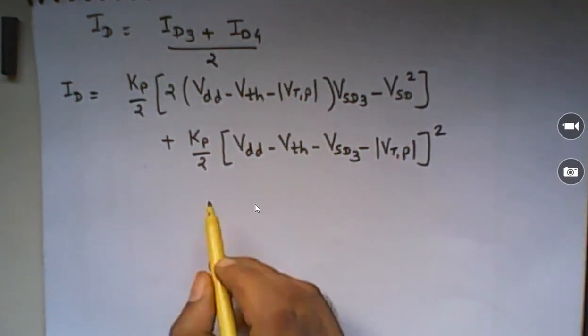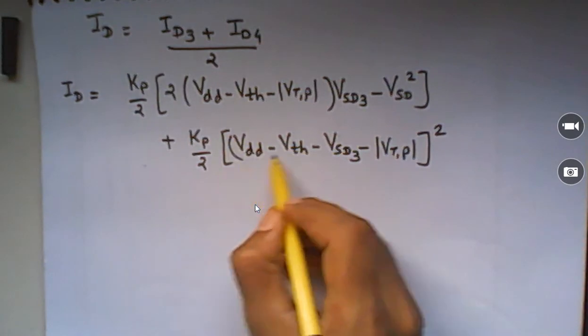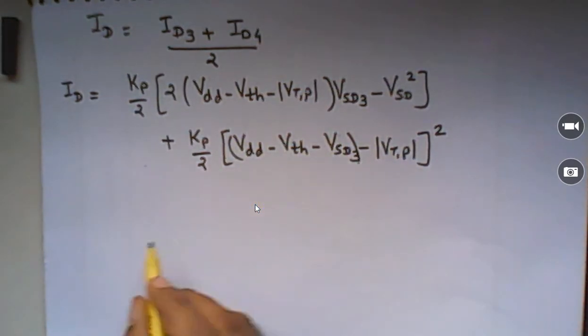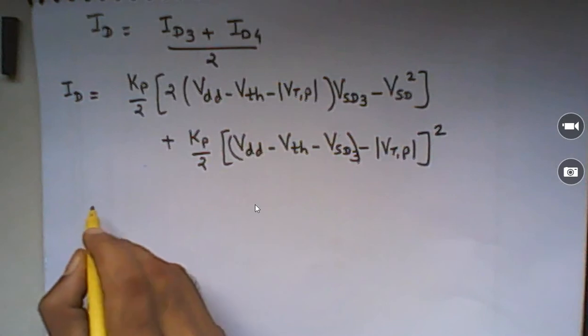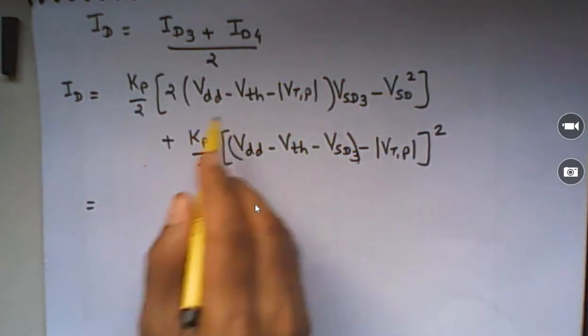Now let's take one term as this and the other as this squared. Let me simplify it more.